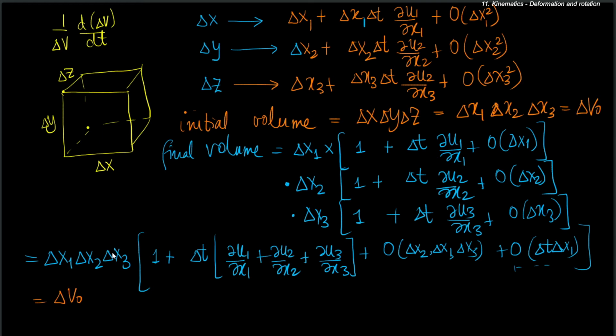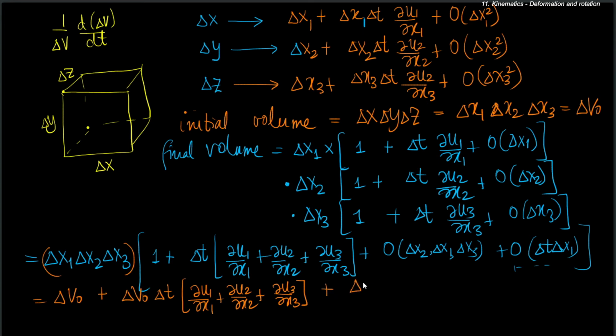Now if we multiply delta v0 with this term, take it inside, it's delta v0 plus delta v0 times delta t times del u1 del x1 plus del u2 del x2 plus del u3 del x3 plus this order, so it will be delta v0 multiplied by these various higher order terms.